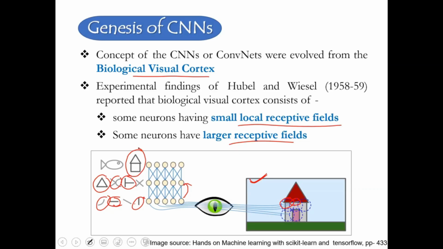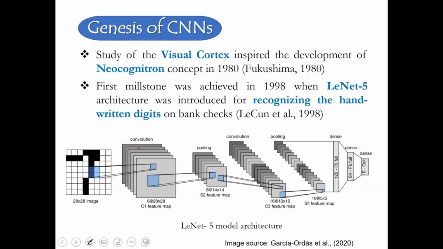The concept of this biological visual cortex has been implemented in convolutional neural networks. From that, the neocognitron was proposed during the 1980s, and after that, the first convolutional neural network was applied to recognizing images of handwritten digits on bank checks in 1998.